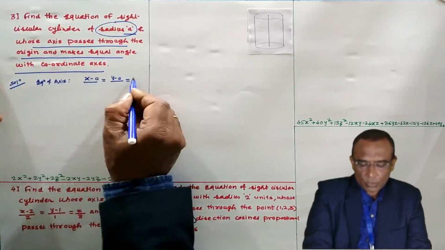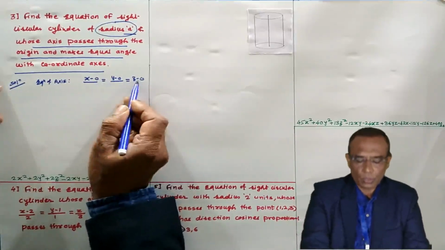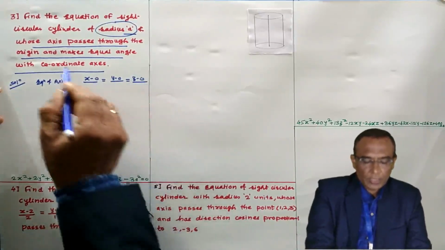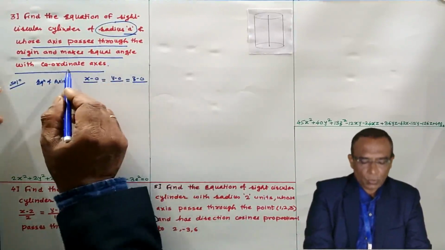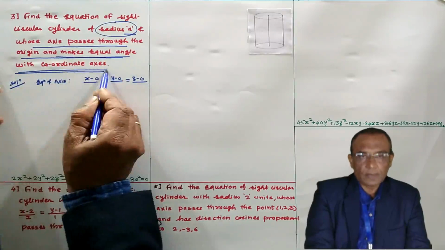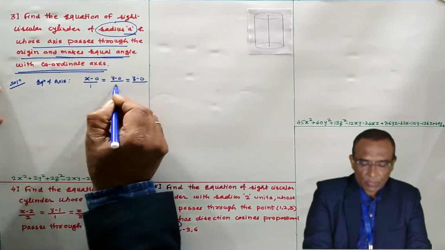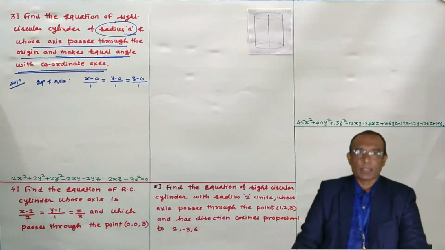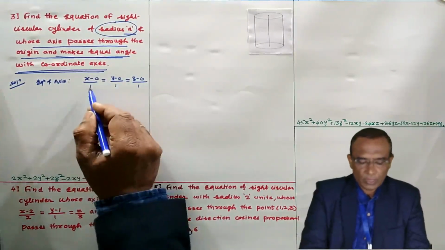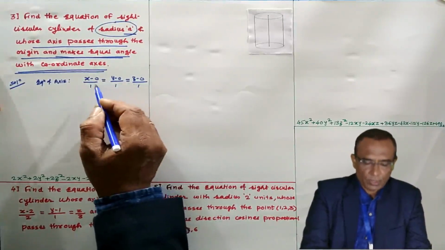The axis is passing through 0, 0, 0, and it makes equal angles with the coordinate axes. If a line makes equal angles with the coordinate axes, then its direction ratios are 1, 1, 1. The direction ratios are proportional, so 1, 1, 1 or 2, 2, 2, you may take any fixed constant.